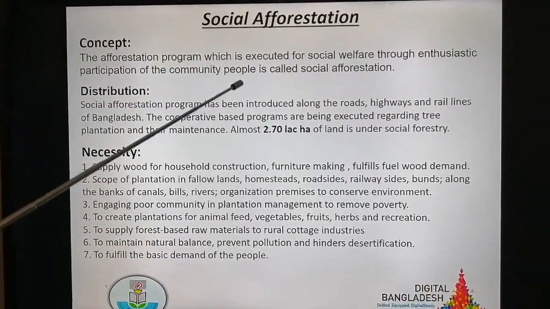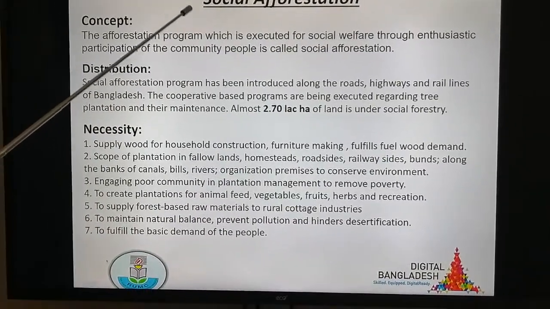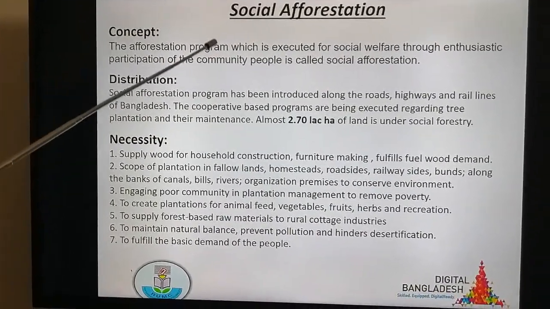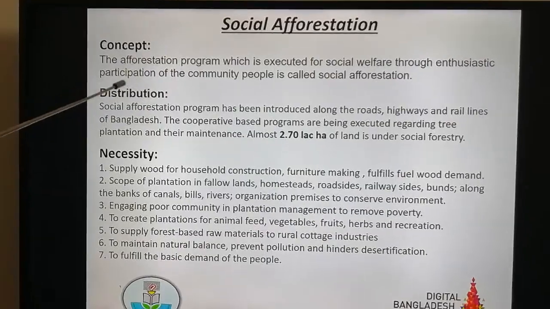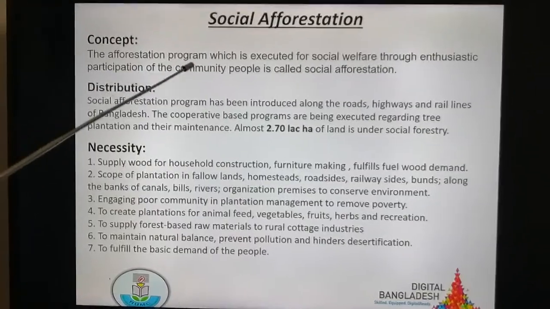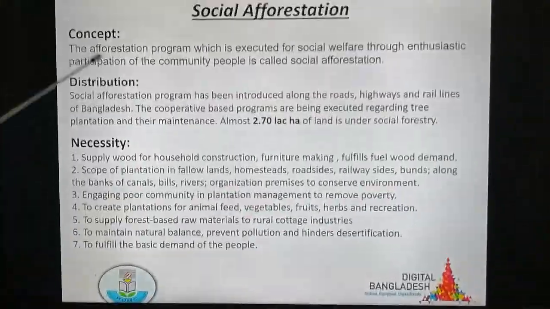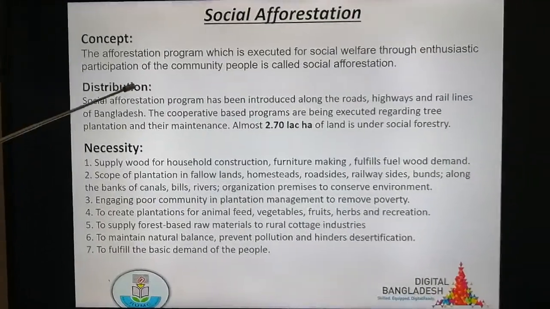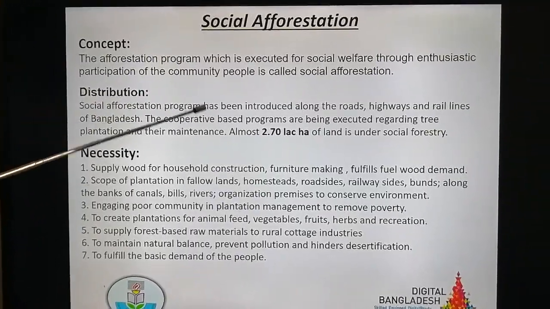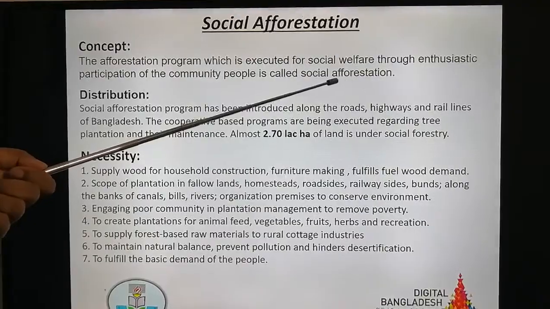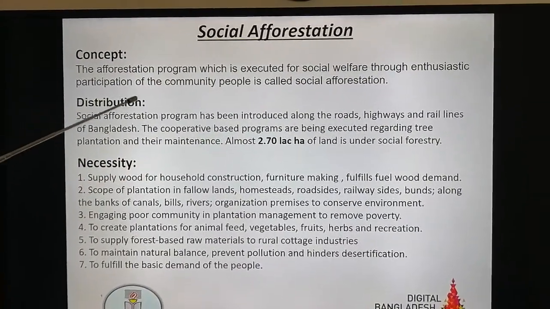Next type is social forestation or social afforestation. We can also call it social forestry. What is the concept of social forestry? Social forestry is an afforestation program which is executed for social welfare through enthusiastic participation of the community people.